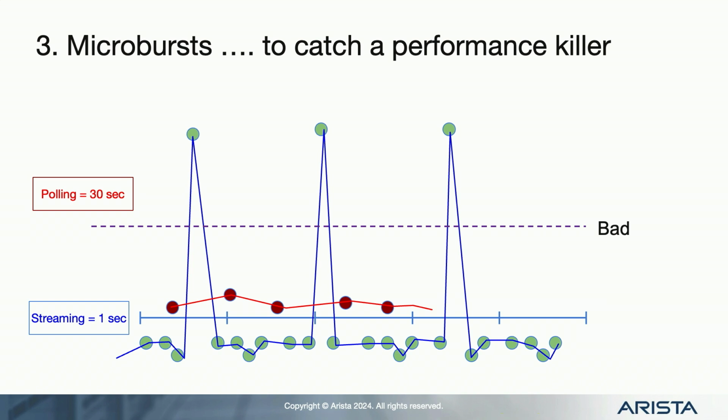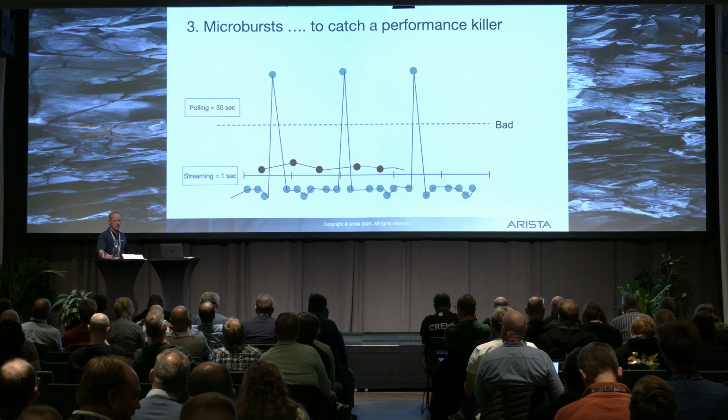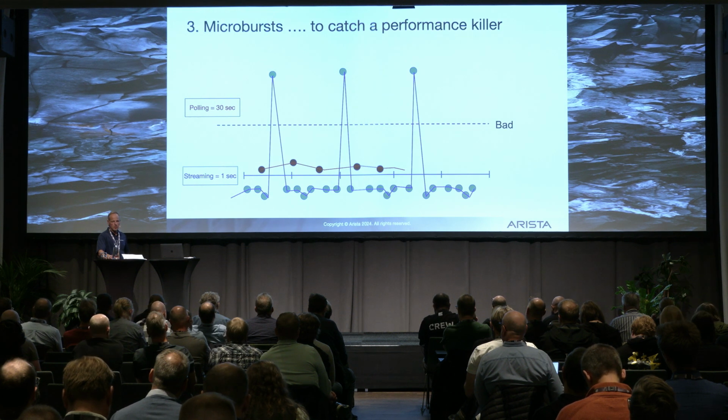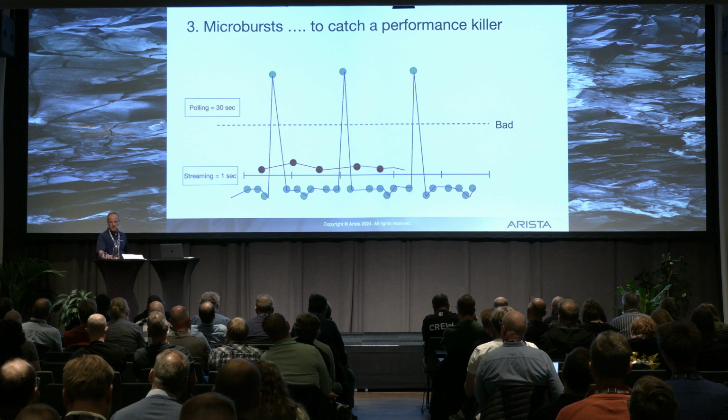How do we catch the performance killer? Microbursts. When troubleshooting latency issues, you have probably come across that you can see that you have packet drops on an interface, but the utilization is only 10% of the interface.